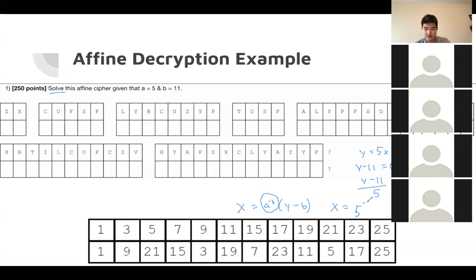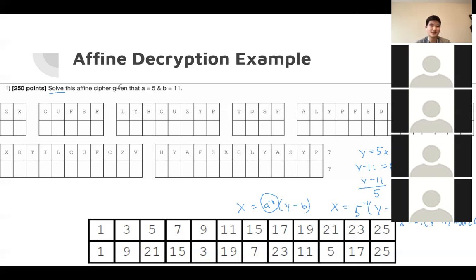Because we're dividing by 5, so we use the inverse of 5 times y minus 11. Because multiplying by the inverse of 5 is the same thing as dividing by 5. It's just that in this scenario, we're mod 26, so we can actually find what the inverse of 5 is. So somebody tell me what it is. Yeah, 21. So if we refine our equation a little bit, it's x equals 21 times (y minus 11) mod 26.